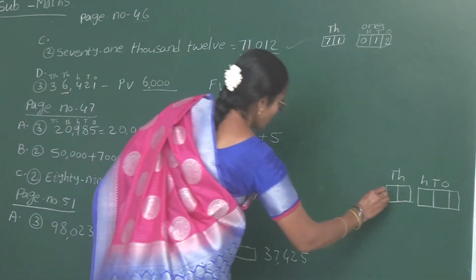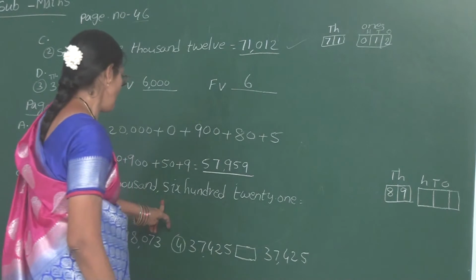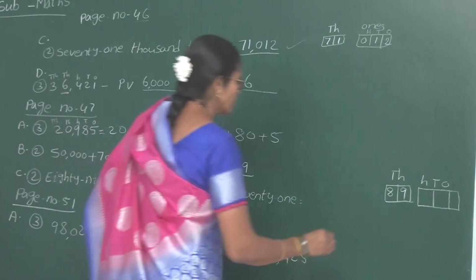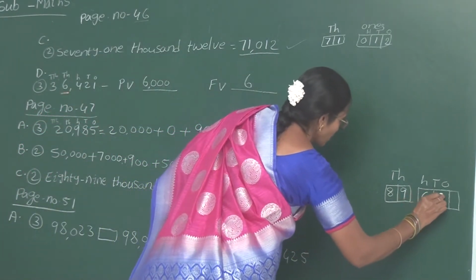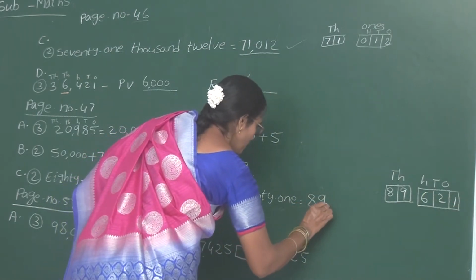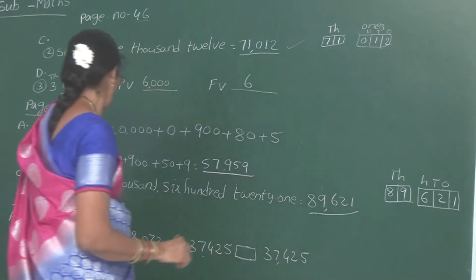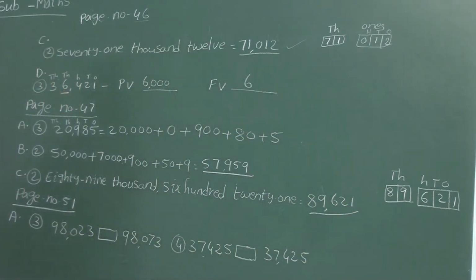So thousands period what is that? 89 and then 621. So hundreds place 21. Next.